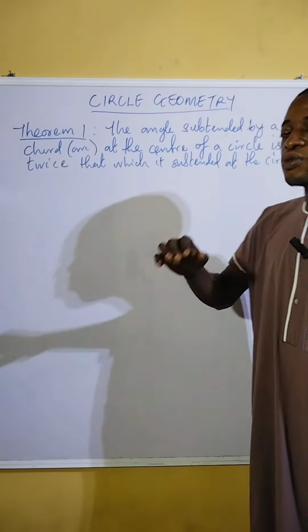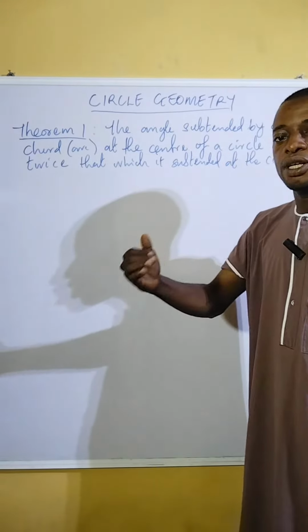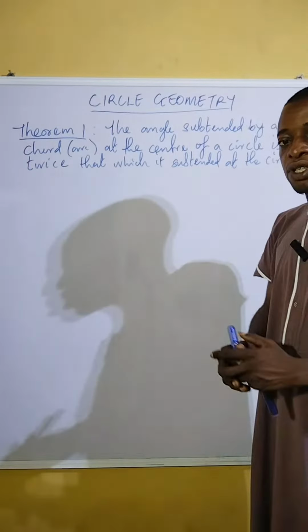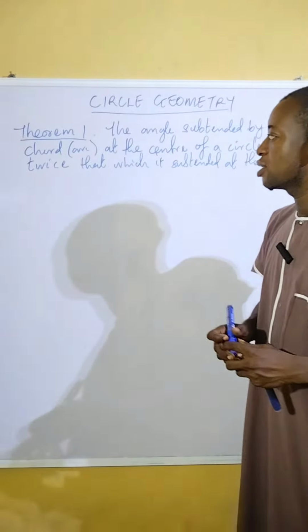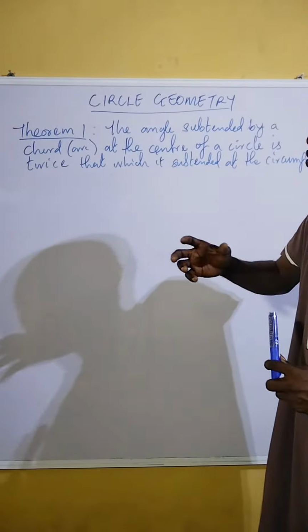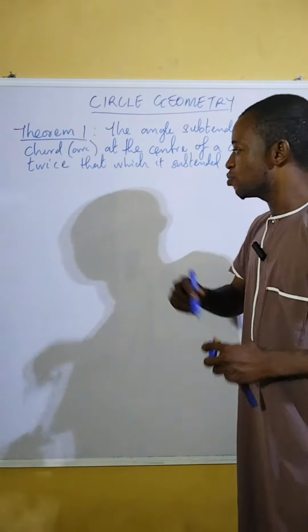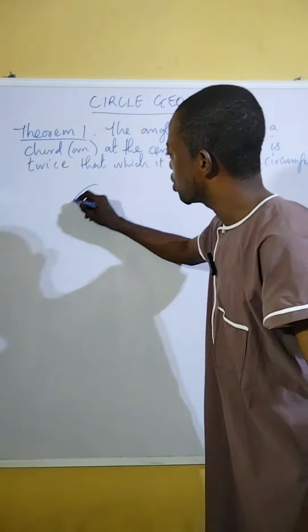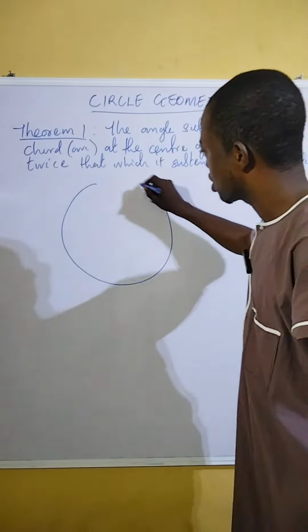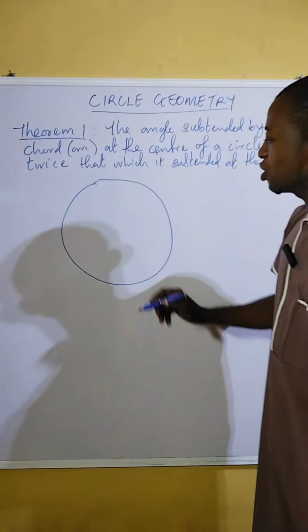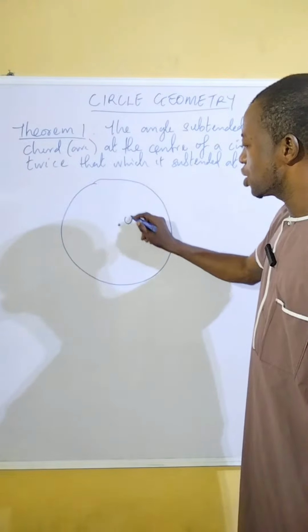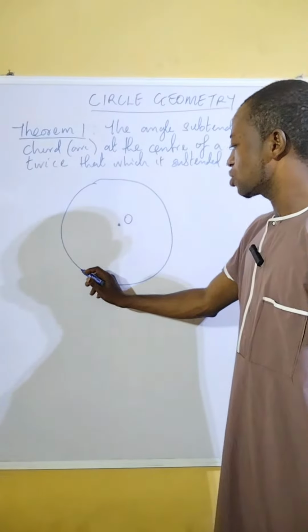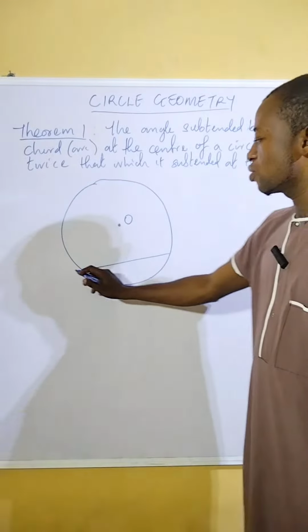That is, the angle that a chord or an arc subtends at the center of a circle is twice the angle subtended at the circumference. Now, when we draw a diagram for that, we can check the proof from the previous class. We have a circle with center O and a chord, let's call it chord AB.